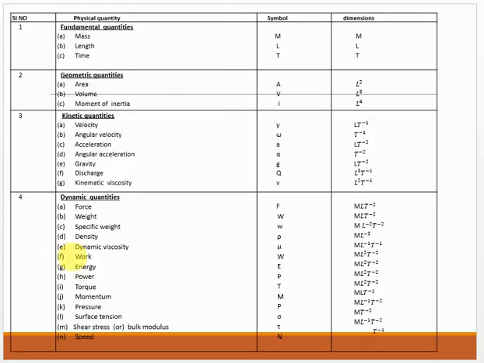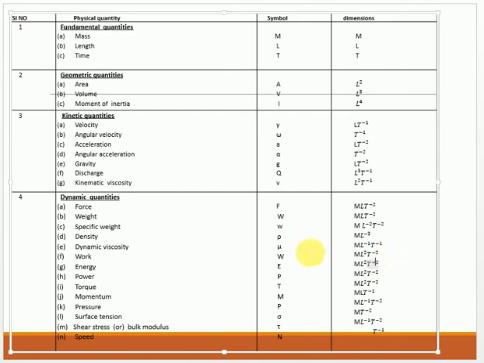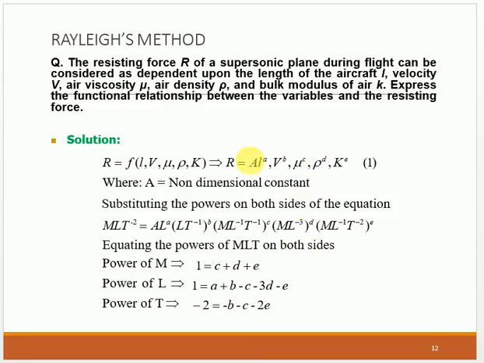We know dynamic viscosity is Newton second per meter square. If you substitute and simplify it, you will get M L power minus 1 T power minus 1. So instead of mu, we substitute M L power minus 1 T power minus 1 to the power c, an arbitrary constant.